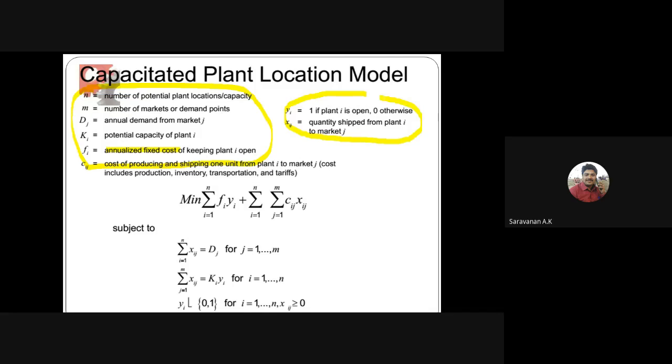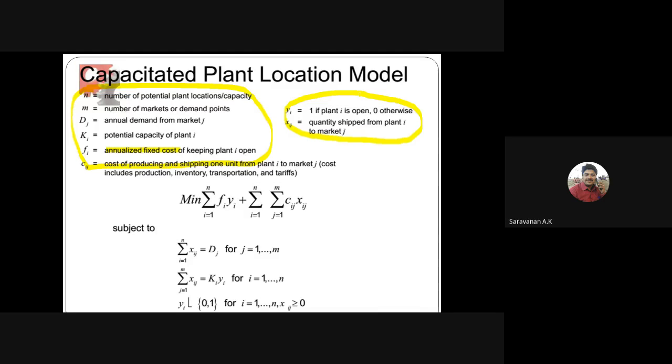Here we have the variable yi. Yi is equal to 1 if plant I is open, that is, the new facility is open; otherwise it is 0. At the same time, xij is the quantity shipped from plant I to market J. I is the facility, the plant, and J is the market.